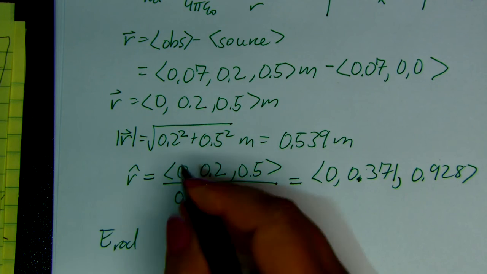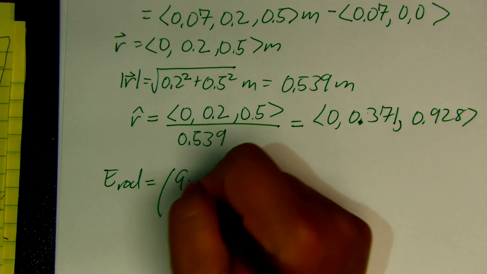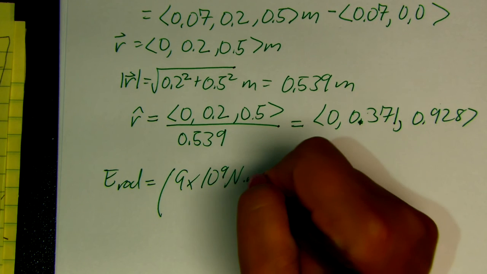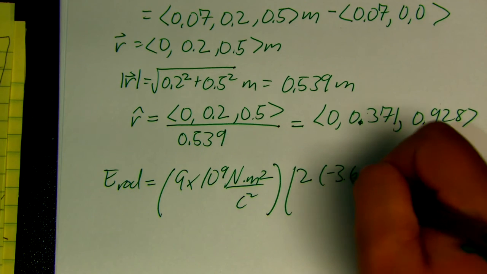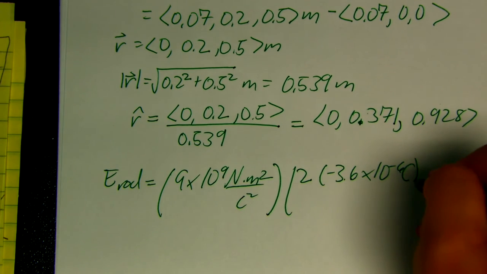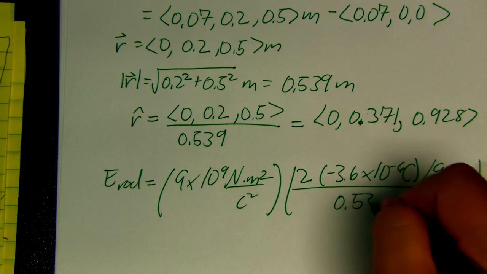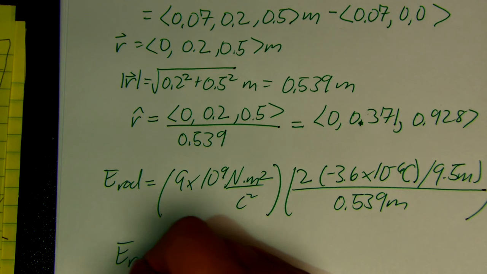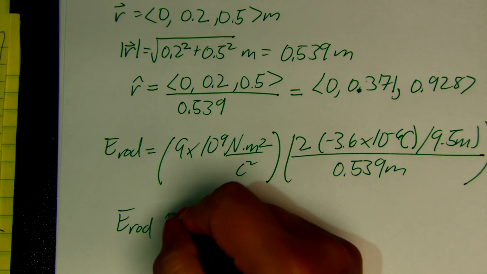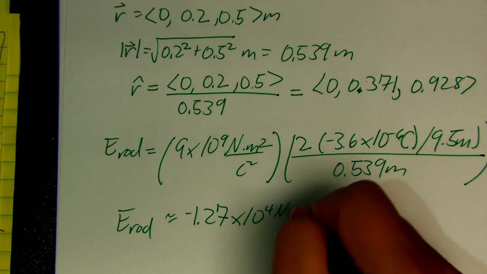And so the electric field of the rod is 9 times 10 to the 9 newton meters squared over coulomb squared, 2 times minus 3.6 times 10 to the minus 6 coulombs over 9.5 meters, over 0.539 meters. And so you get the scalar component of the rod is approximately minus 1.27 times 10 to the 4 newtons per coulomb.